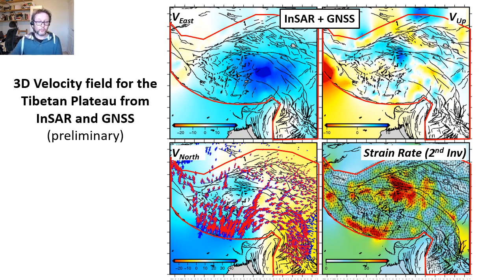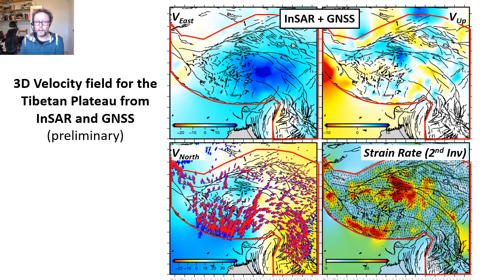The northward motion shows that gradual swinging round of the velocities around the eastern syntaxis. The vertical velocities are quite interesting in that they're showing some long wavelength features that are somewhat reminiscent of the lithospheric scale buckling that has been proposed by Bischoff and Flesch.